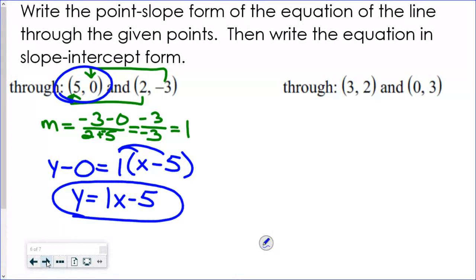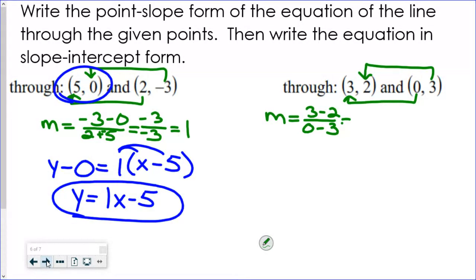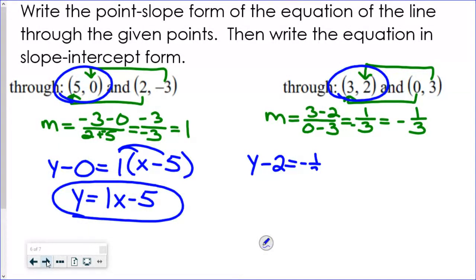So when the y value is 0, it makes it really nice. Okay, last one. Y minus y, because this is when I'm changing it from point slope to slope intercept form. Over x minus x. So that is 1 over -3 or -1/3. Now again, historically, we use the first point, y minus y, -1/3, x minus x.